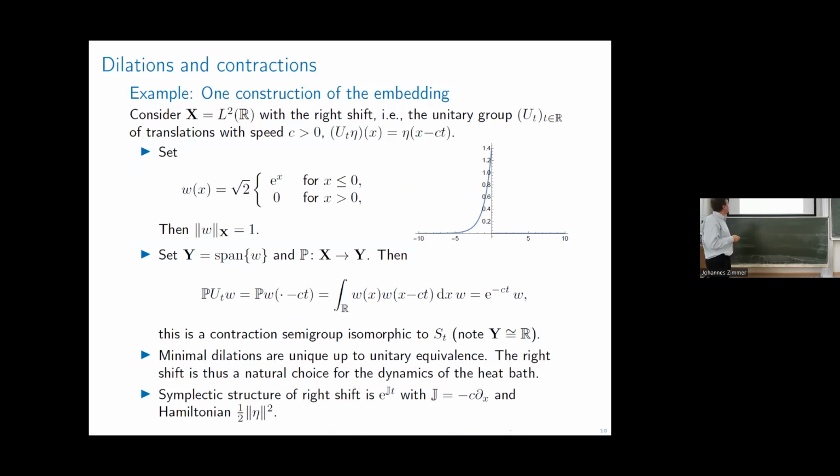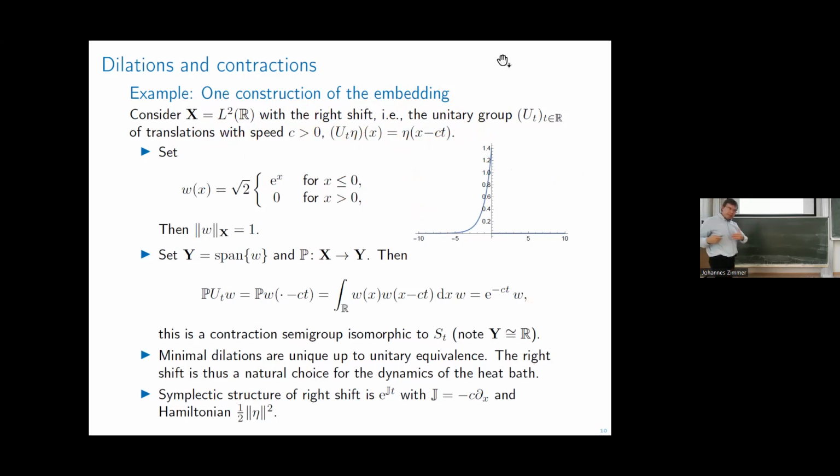One answer is the following. I say, okay, my big space is L2 of R. It's a nice space, and on L2 of R, I have a right shift. I take an L2 function and shift it to the right by some factor ct, or some speed c.